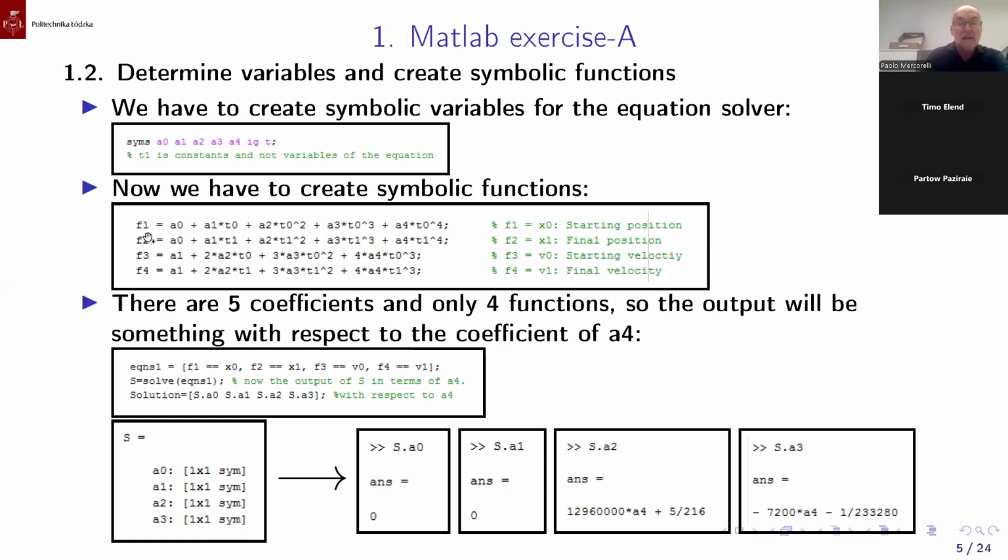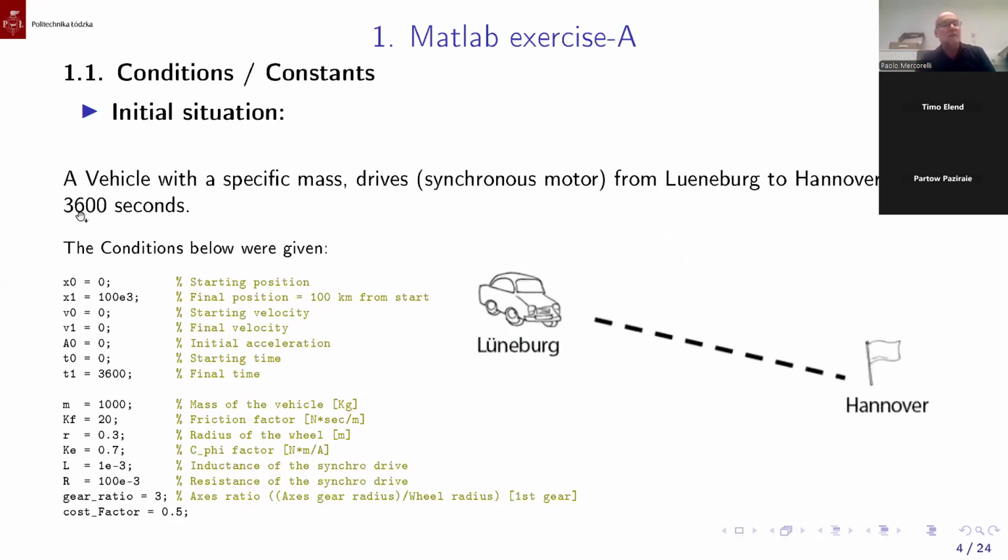F1 is also 0. F2, which is the final position, means in meters, 100,000 meters, it doesn't matter, no? And the value equals A0, which is 0, and then A1 multiplied by T1, which you remember I told you was 1 hour, no? That is 3,600 seconds.